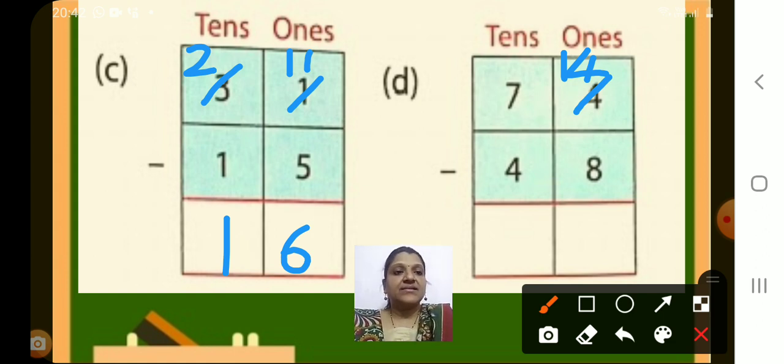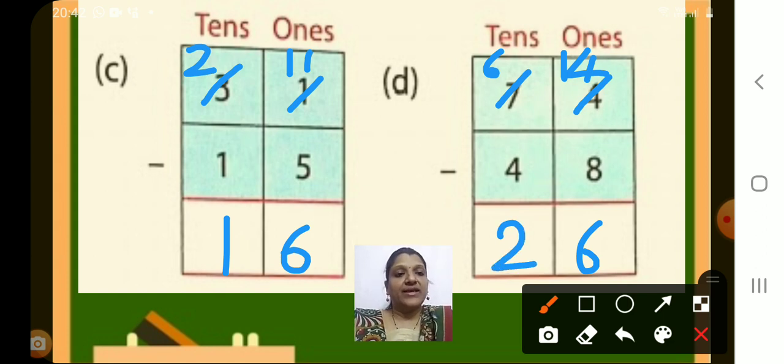Yes, 6. Now, in tens place, strike off 7, write 6 above it. Now, 6 minus 4? Yes, 2. Write number 2 over here. So, we get the answer of 74 minus 48 as 26.